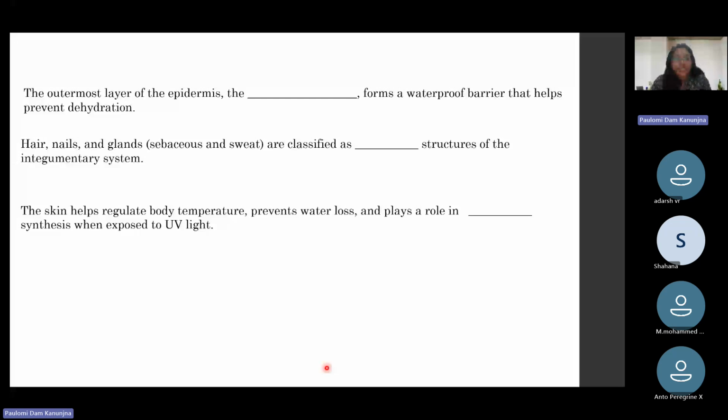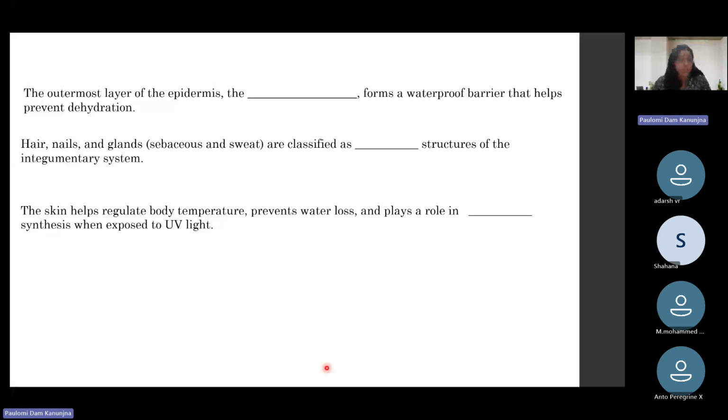The first question says the outermost layer of the epidermis is called whatever, which forms a waterproof barrier and helps in preventing dehydration. The second question: hairs, nails, and glands, including both sebaceous and sweat, are classified as dash structures of the integumentary system.